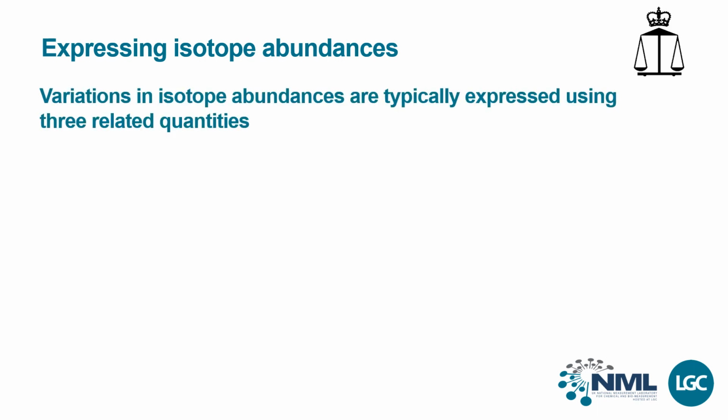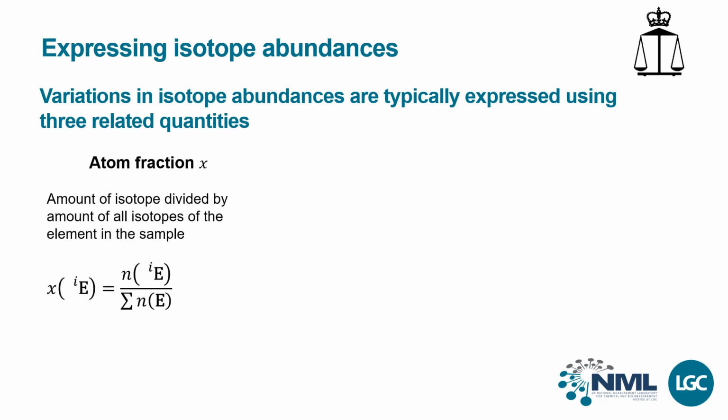The variance in abundances of isotopes is generally expressed in 3 ways. Firstly, the atom fraction, which is the amount of the isotope in question divided by the amount of all isotopes of the same element in the same sample. It can also be calculated from the number of atoms of the specific isotope divided by the total number of atoms of the element.